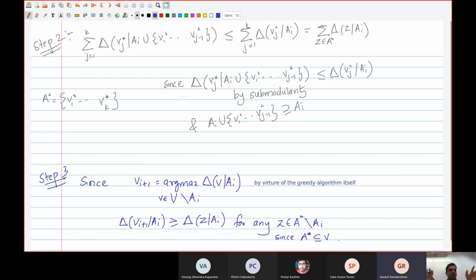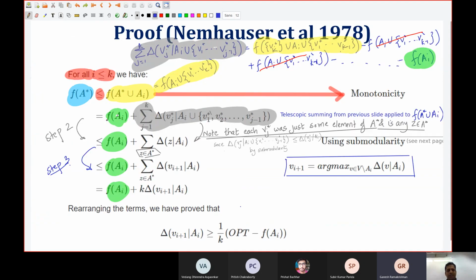Okay, so it's a small observation. This is the main thing: Vi plus 1 is that element from V minus AI that maximizes delta V given AI, and this includes all the Z's in A star minus AI. Is that clear? But obviously, Vi plus 1 cannot be part of AI. Okay, so this is straightforward. This part we have no problem at all by design.